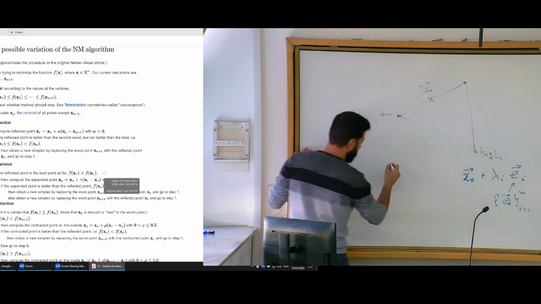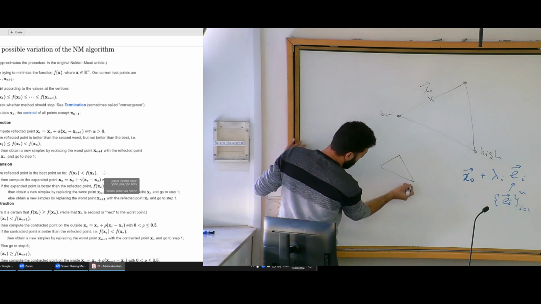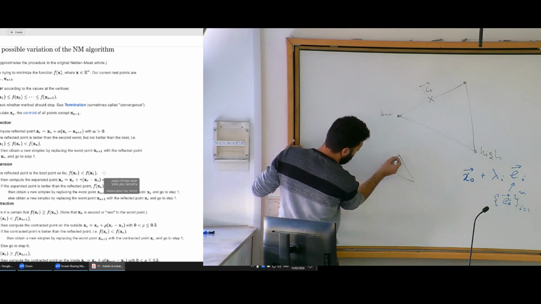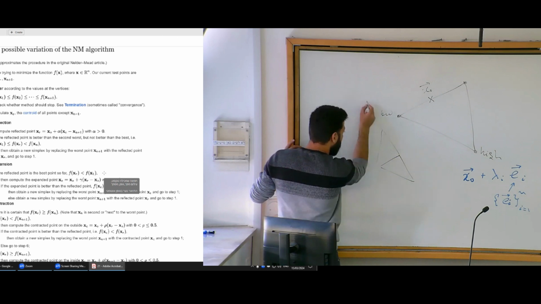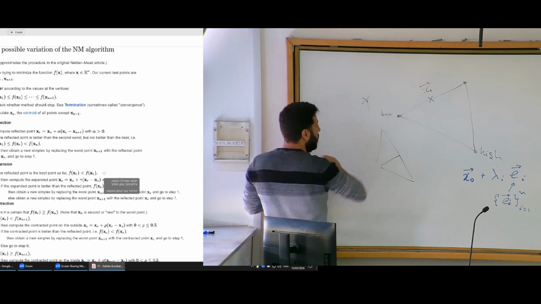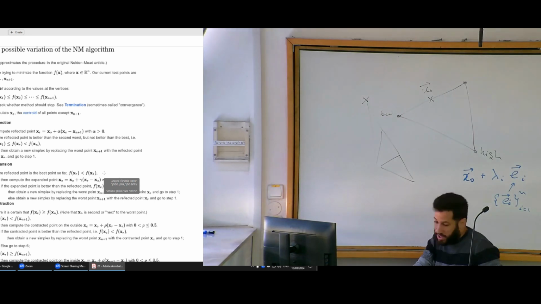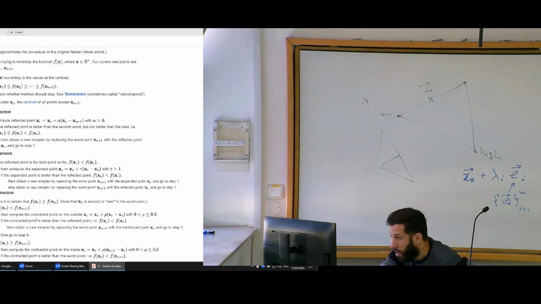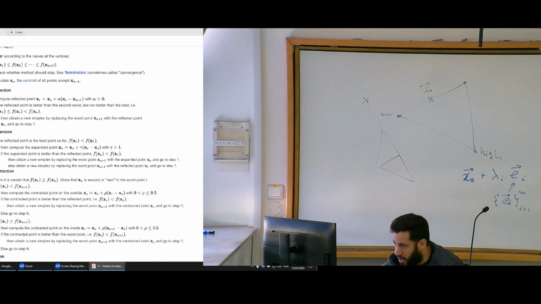So let's say that this is my triangle, and I check this point, and it's lower than this, so I check also this point. So I make an expansion, and that's my way.